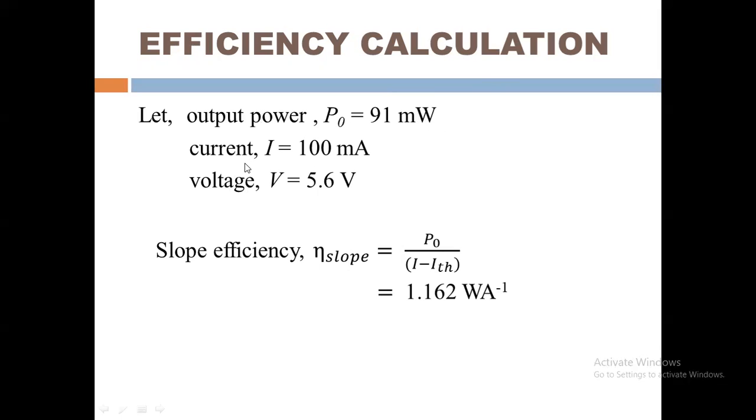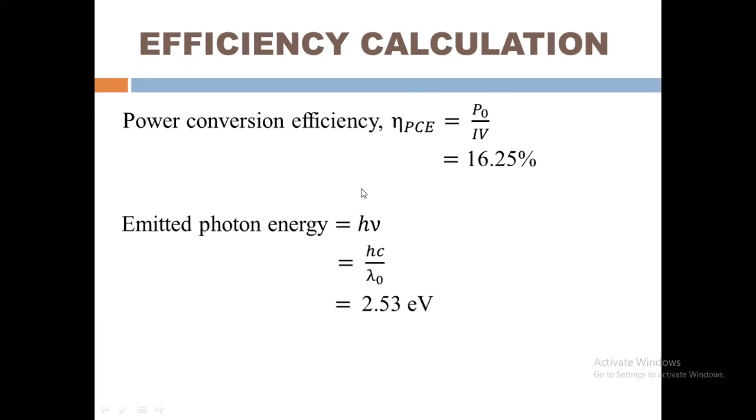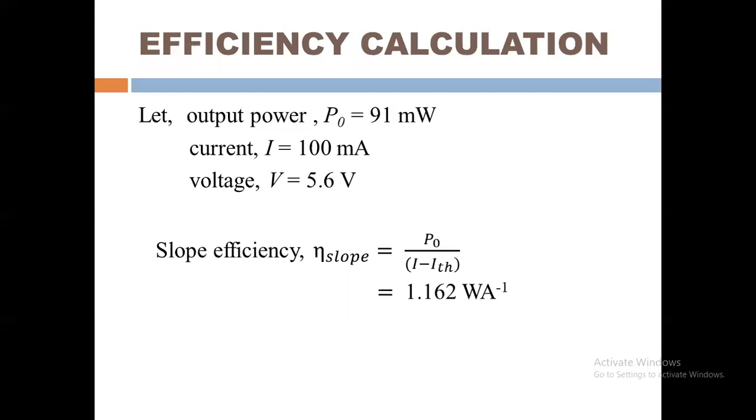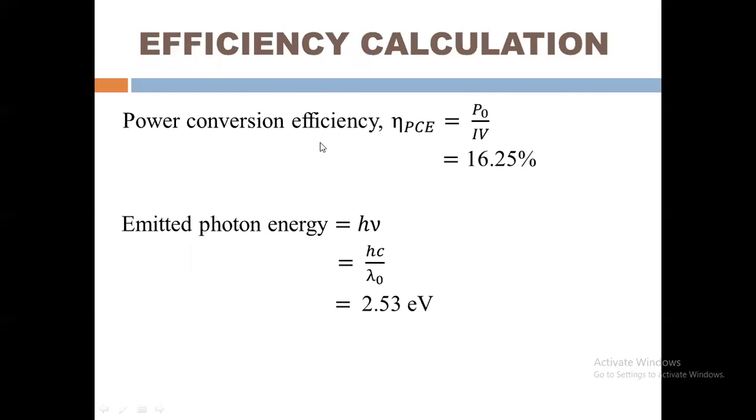Next, we have assumed current and voltage, which are 100 milliampere and 5.6 volt respectively. From the output power and the current, using this equation, I have calculated the slope efficiency, and it is 1.162 watt per ampere. Next, I have calculated power conversion efficiency, which is the ratio of output power to input power.